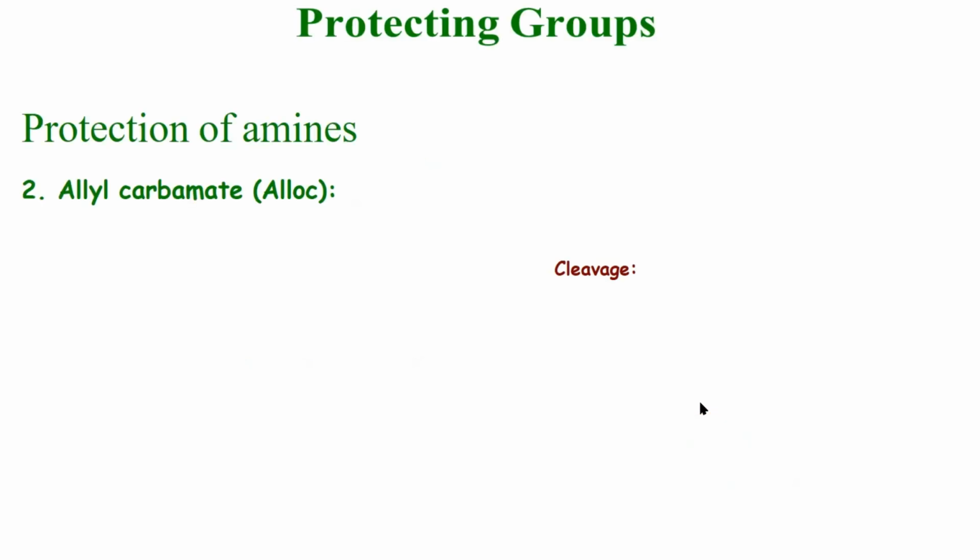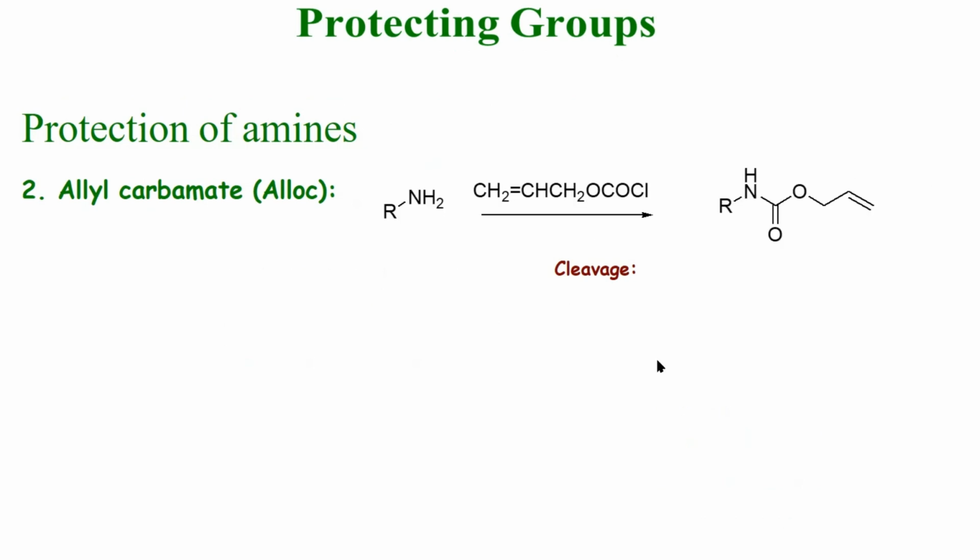They can also be protected by preparation of allyl carbamates, in other words, in the form of allyl carbamates. I take an amine and treat with allyloxycarbonyl chloride, and I get the corresponding allyl carbamate, which is represented as Alloc.